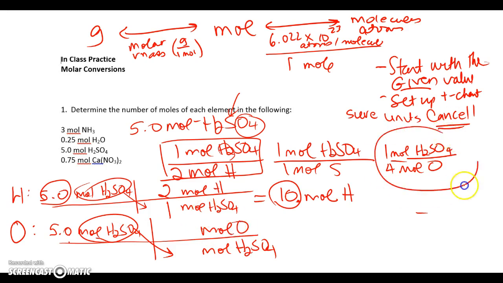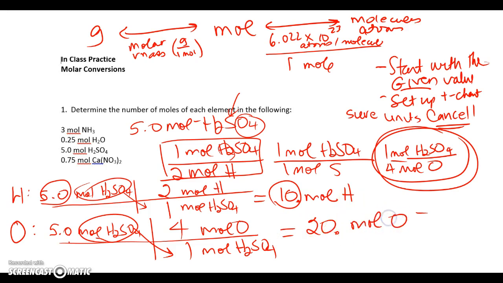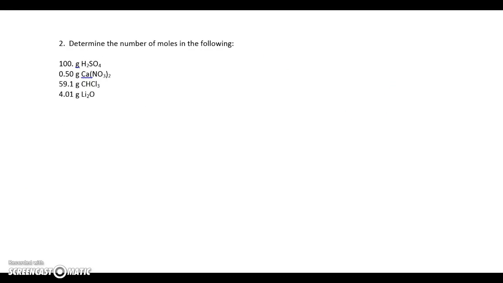So I'll use this conversion factor, the reciprocal of it. 1 mole of H2SO4 is 4 moles of oxygen. I do the math, I end up with 20. I put a decimal point to get 2 sig figs, and that's how many moles of oxygen are in 5.0 moles of sulfuric acid. Right, let's move on to the next type of problem.